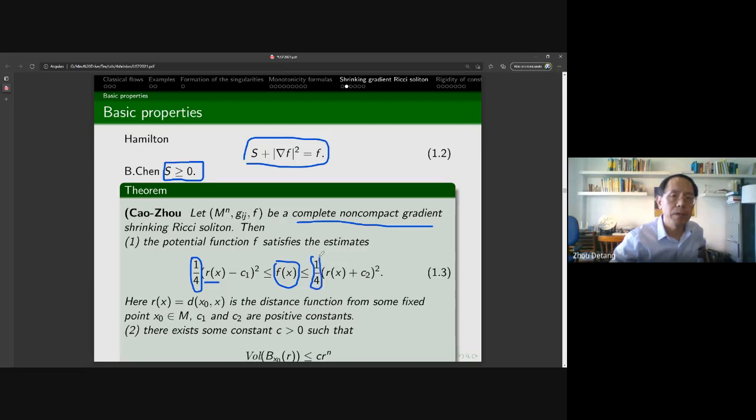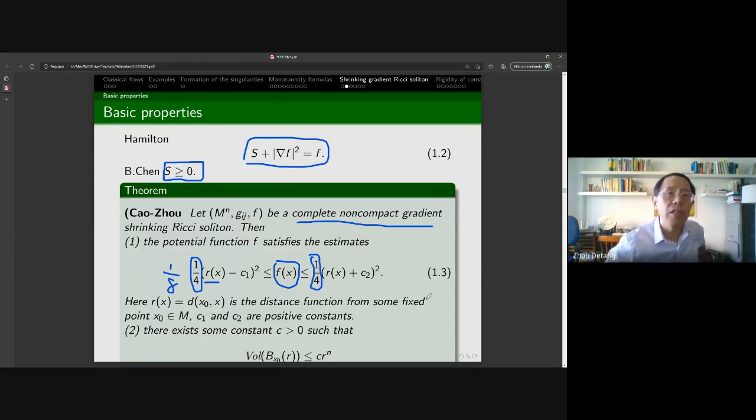It's also important that we don't need any curvature conditions. Actually, this kind of result was proved by Perelman when he assumed that the curvature is non-negative and bounded, and with 1/8 here. But it seems that we don't need any condition. We can put 1/4 here.